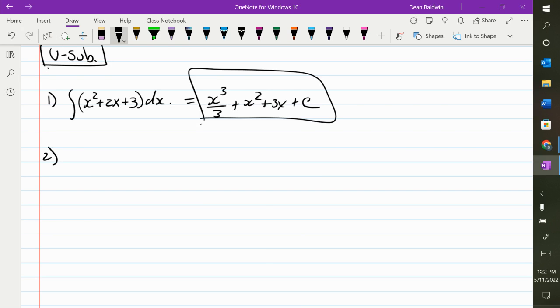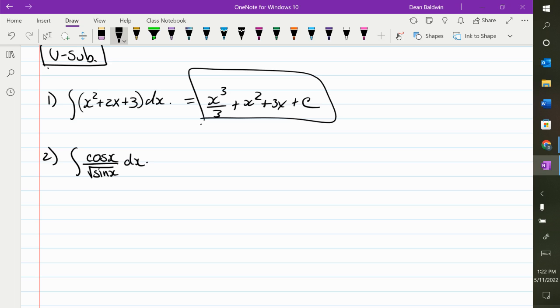All right. But if I give you something like this, you can't just do that, right? You got cosines and sines in the function. That turns into a nightmare.